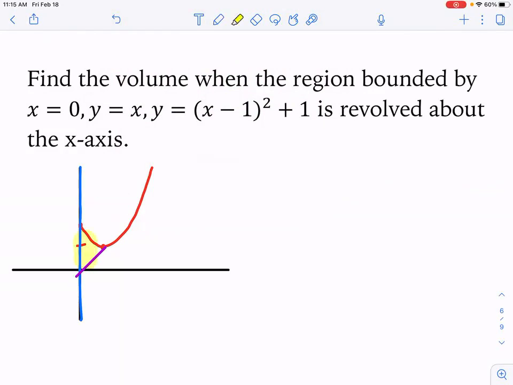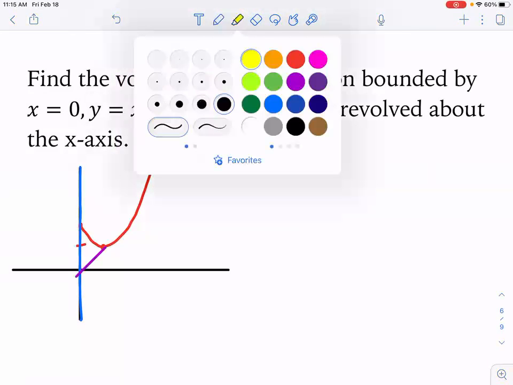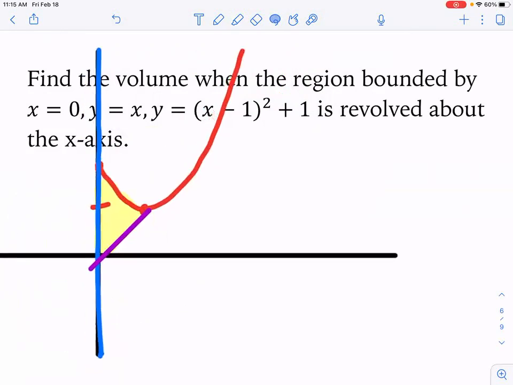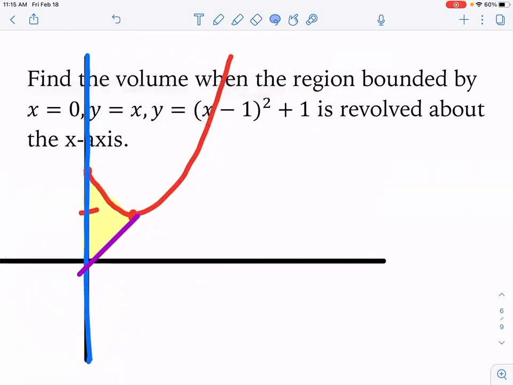This little guy? It looks better than mine. You're supposed to know what area it is. We don't care about the area.